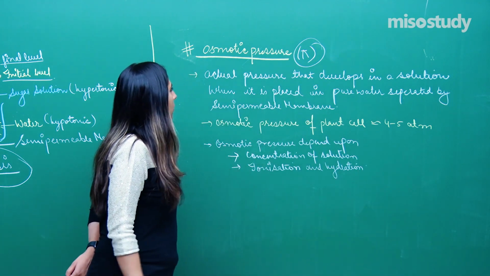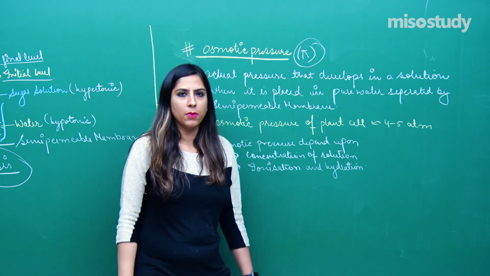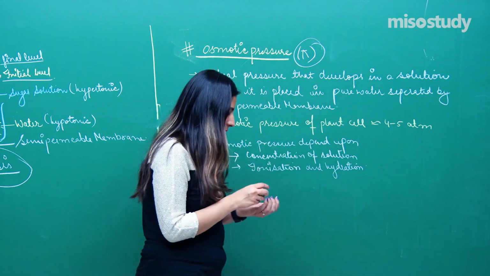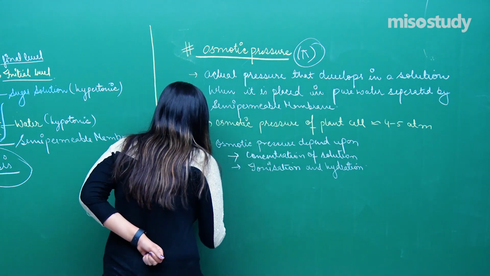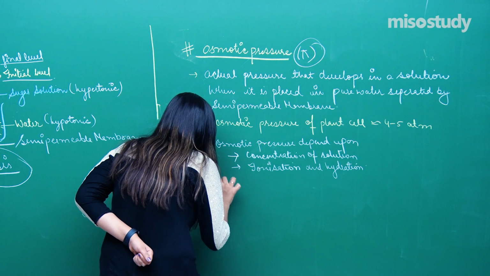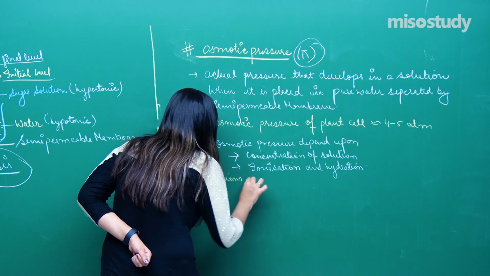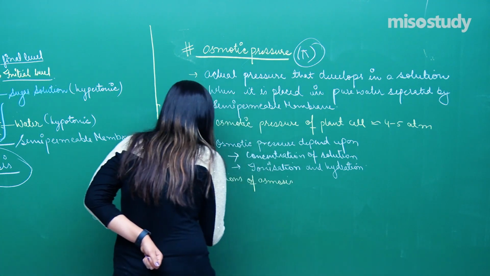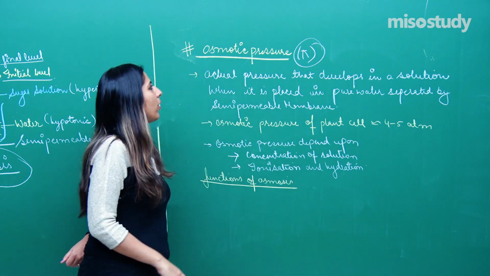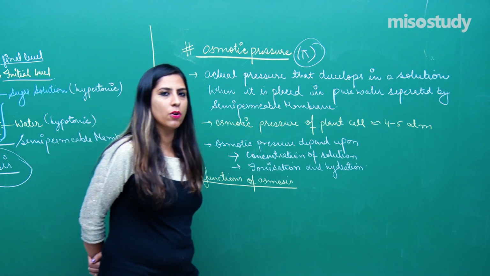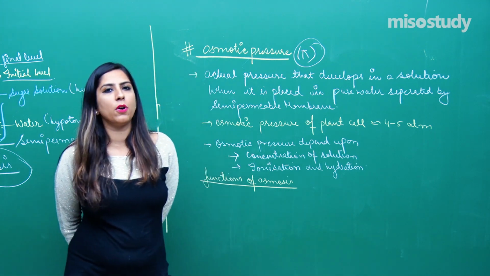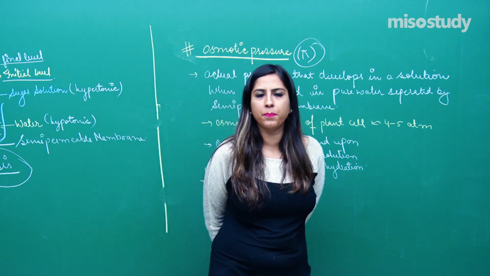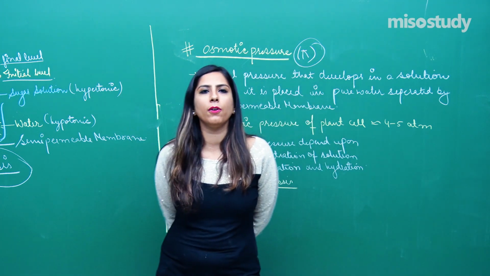Right? Now, with this we have completed osmosis. Now let's talk about what the functions of osmosis are, what they actually do. Let's talk about the functions or role of osmosis. One of the important uses, one of the important roles of osmosis is that it maintains the turgidity of a cell. Right? It helps in the opening and closing of the stomata.